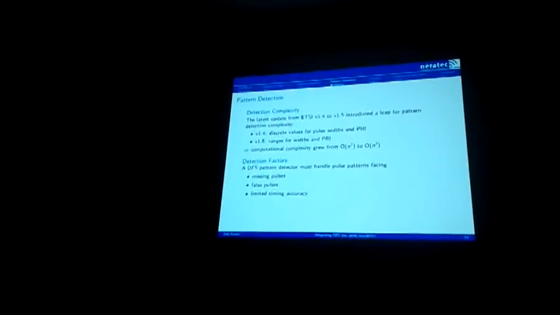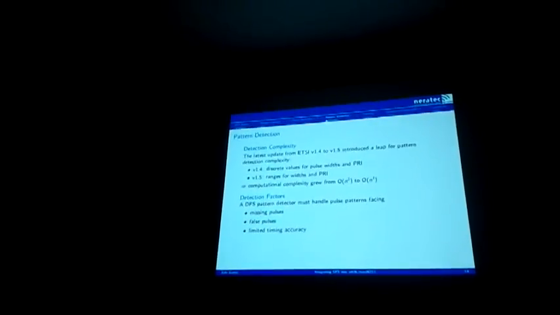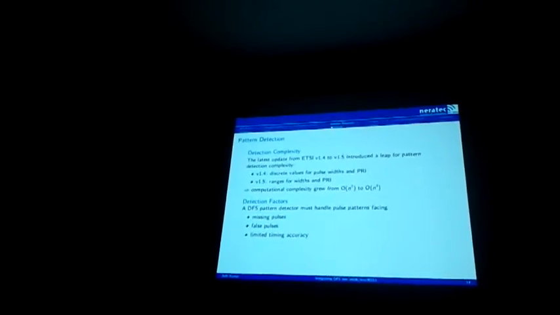Pattern detection was relatively easy some years ago for ath9k. In version 1.4 of the recommendation, they used patterns defined with discrete values for those parameters I described. And now with 1.5 they moved to ranges.